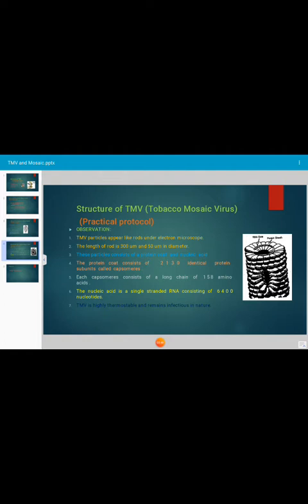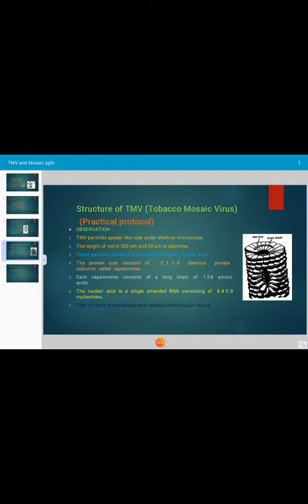This rod-shaped particle, the virus TMV, has an outermost protein coat which consists of small subunits. The subunit is known as a capsomer.